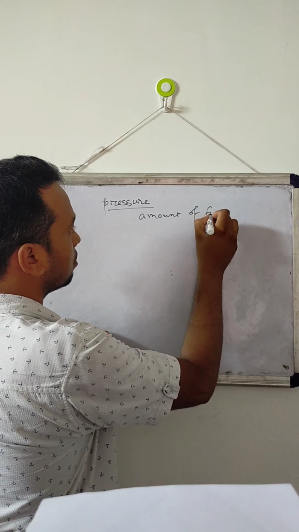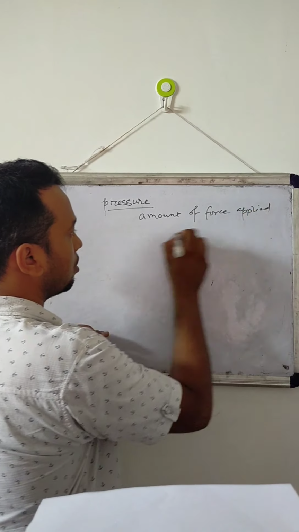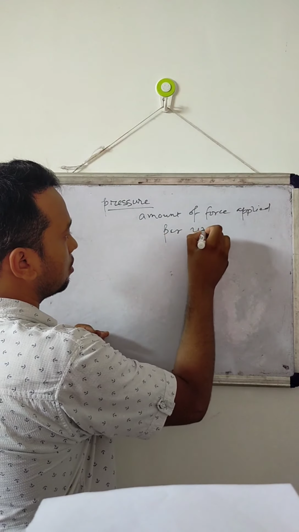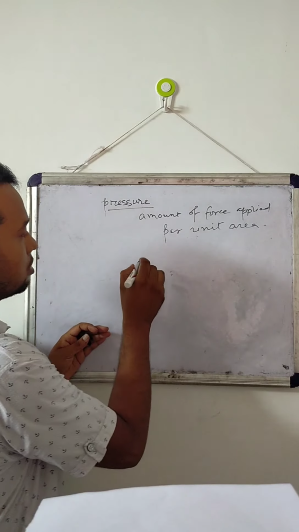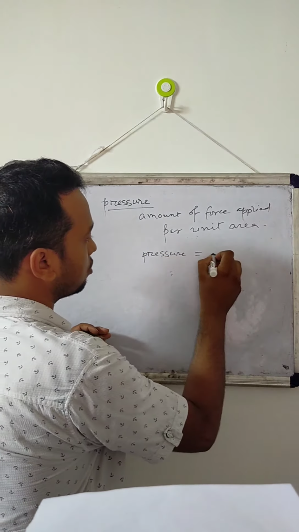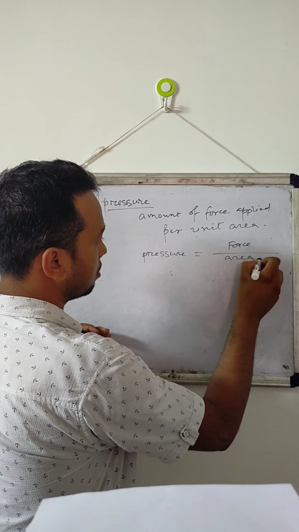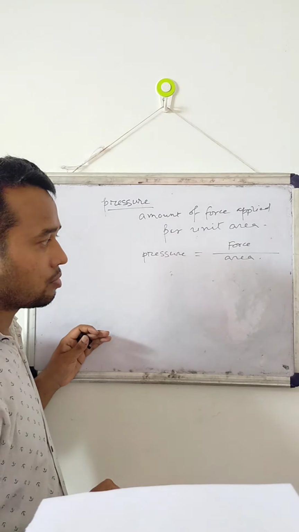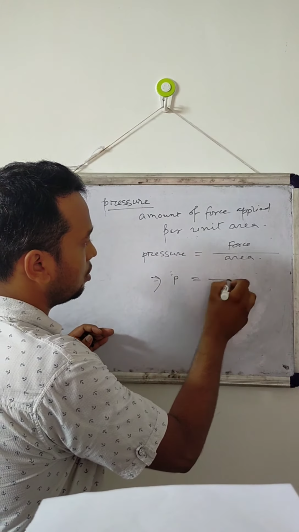That means pressure equals force by area. Pressure is represented by P, force is represented by F, and area is represented by A.